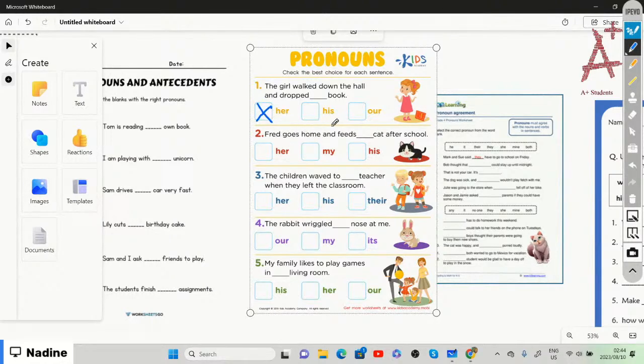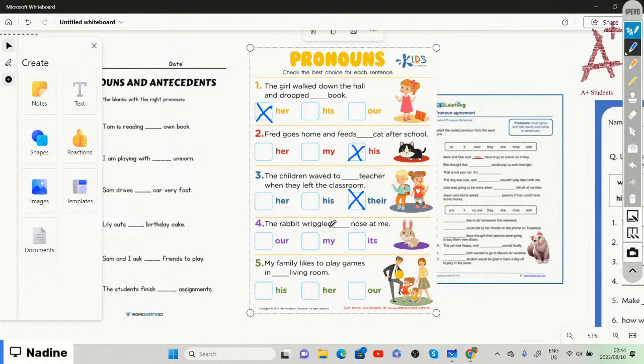Fred goes home and feeds his cat after school. The children waved to, we can say their, because children is more than one. So the children waved to their teacher when they left the classroom.